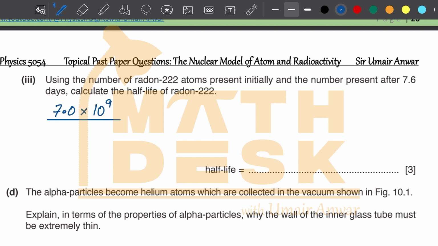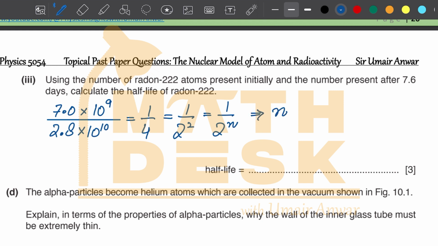When we divide this number by the initial count, which was 2.8 × 10^10, this gives us the answer 1/4, which is (1/2)^2, which shows that the number of half-lives which have passed during this time is equal to 2.